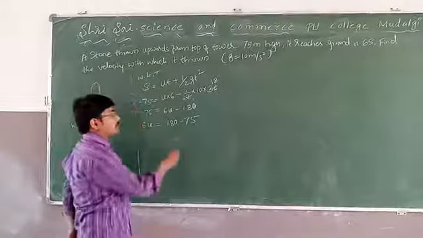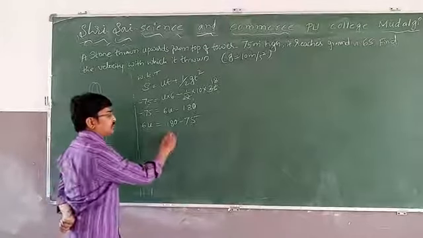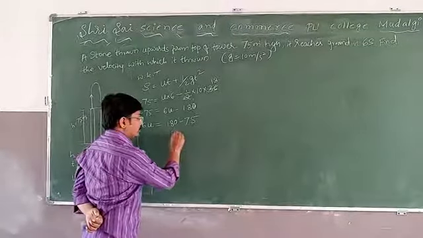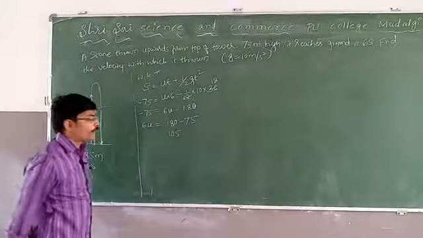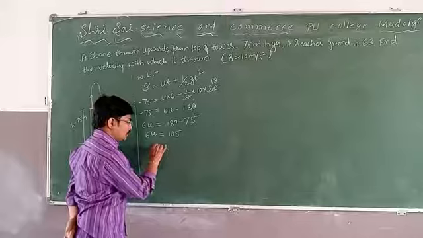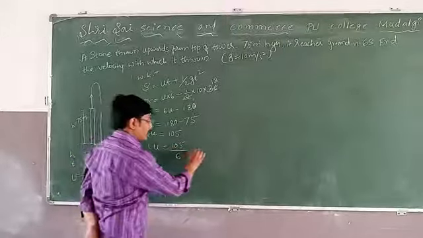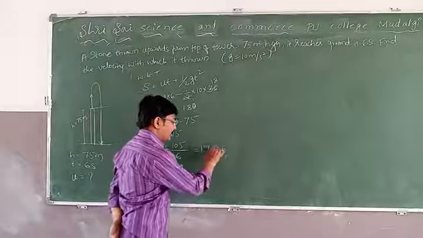How much? 105 is equal to 6u. u is equal to 105 divided by 6, 17.5.